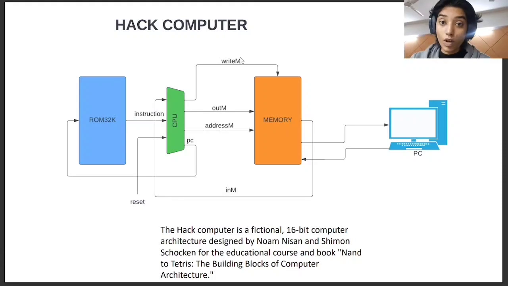If it is 1, then the data write happens, otherwise you won't be able to see anything on it. The out memory is 16-bit, and write M is 1-bit. We also have an address memory, which says where we want to store the value. It depends on the address memory.